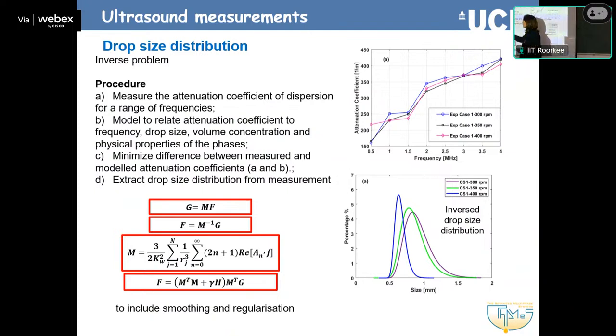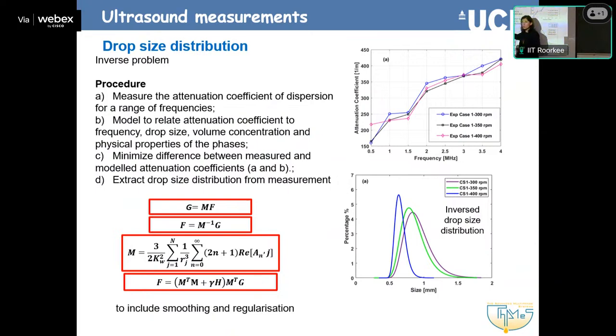If we have all the information about the frequency, the particle size, and the properties of the fluids, we can actually calculate the attenuation.